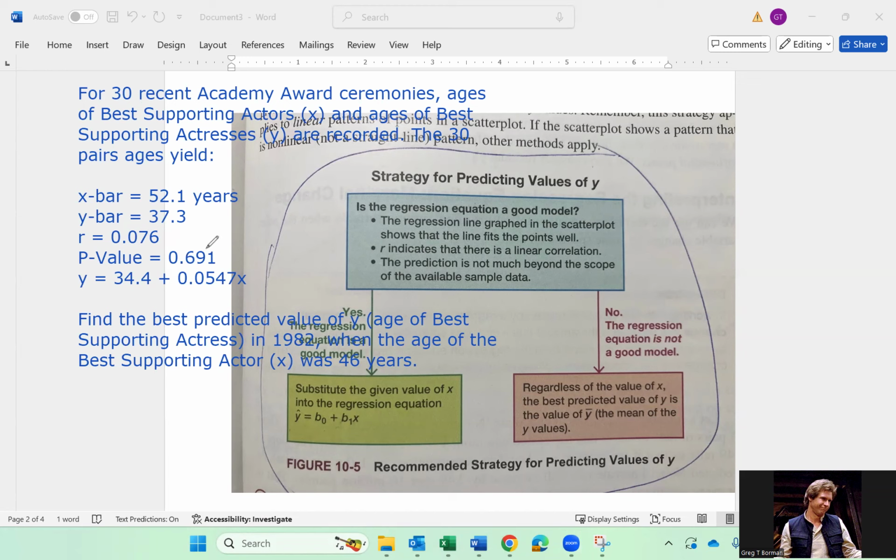So it sure looks to me like there's no correlation here. Not to mention the p-value is really big, suggesting no correlation. The p-value is way bigger than any alpha value they're going to throw at us, like 0.05 or even 0.10.